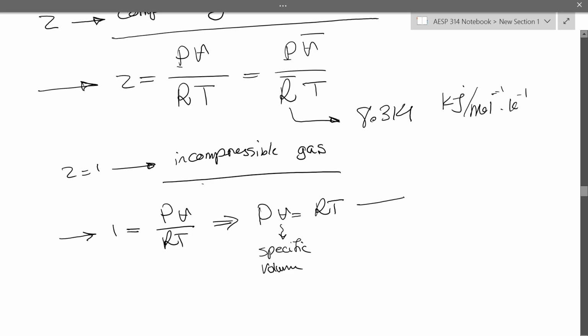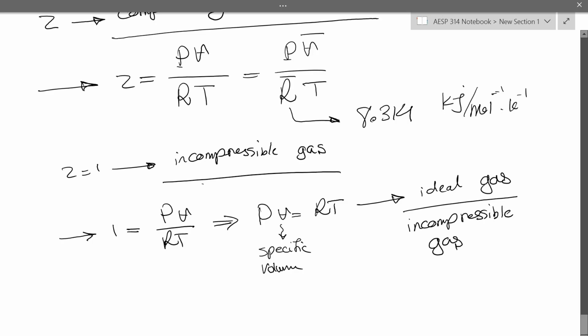The ideal gas law. So an ideal gas is an incompressible gas, which doesn't really exist, right? Any questions so far?